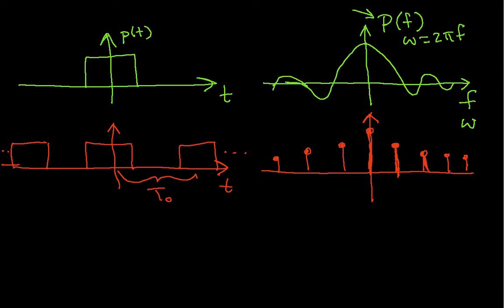You start off with a continuous time, periodic signal, and you get a frequency domain representation that is discrete in frequency and basically goes on out to infinity and minus infinity. Okay, so let's go back to our table.